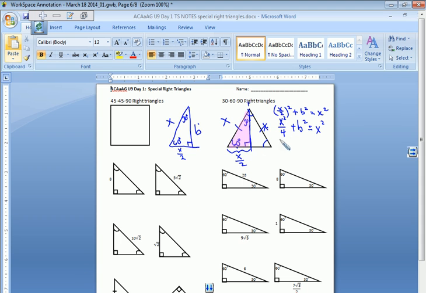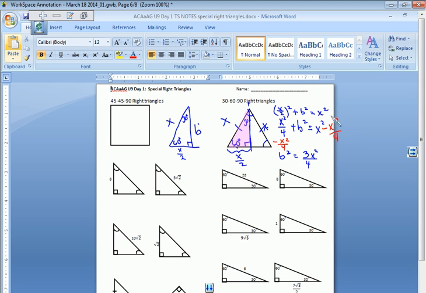Wait, why did you keep the square? I haven't taken the square root yet. Oh, so I have to keep the square. Okay, so I'm subtracting x squared over 4 from both sides. Are we good? So now that leaves me b squared is equal to, well, what is 1 minus a fourth? 3/4. So that leaves me 3/4 of x squared.